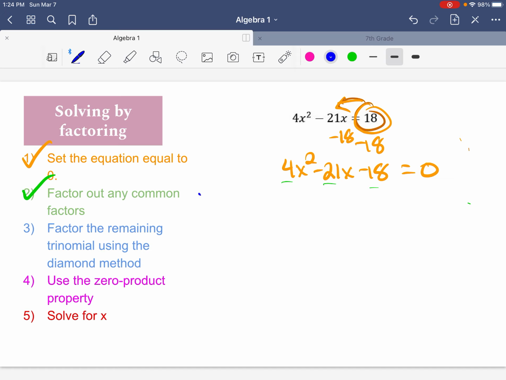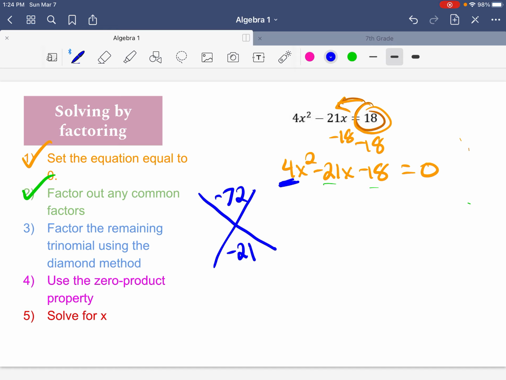So I need two numbers that multiply. And this one's going to be a little bit different because there's a number for a in the front. But I need two numbers that multiply to give me, what was that? Is it 72? 18 and 4? Yeah, negative 72. And add up to negative 21.